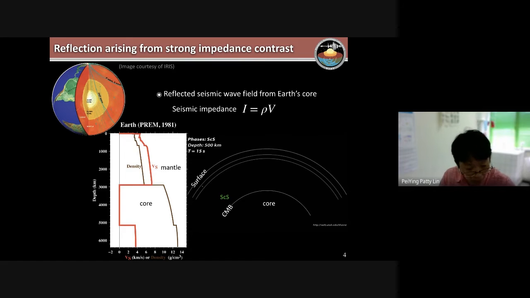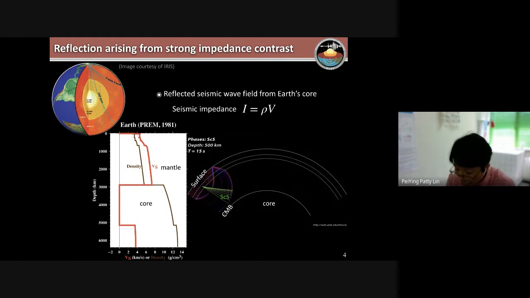interface. On the right, I'm going to show you a movie of the wave field propagating from an earthquake in the deep Earth, about 500 kilometers depth, and I'm going to show you the wave field and also the raypath of ScS, denoted in green.